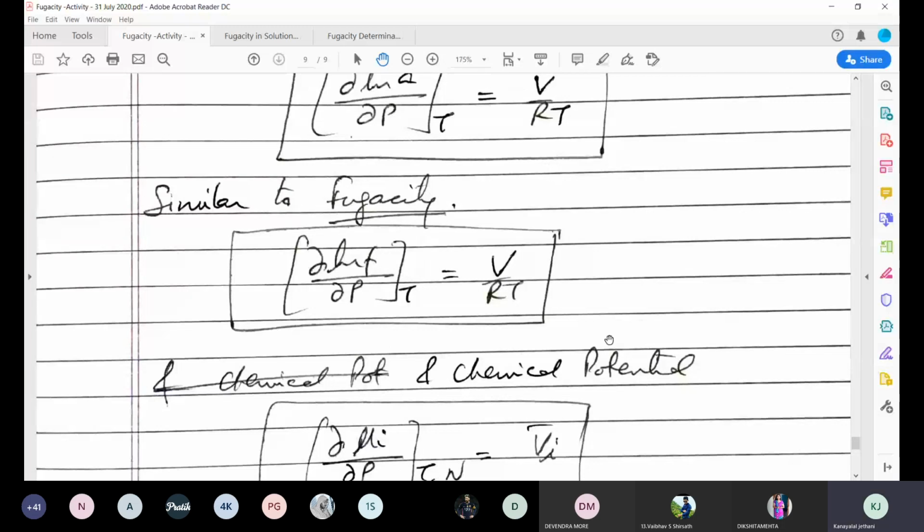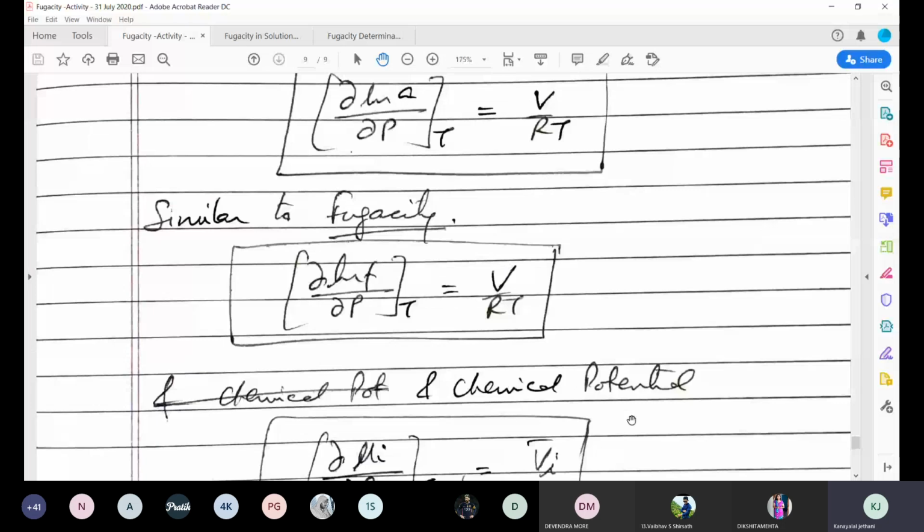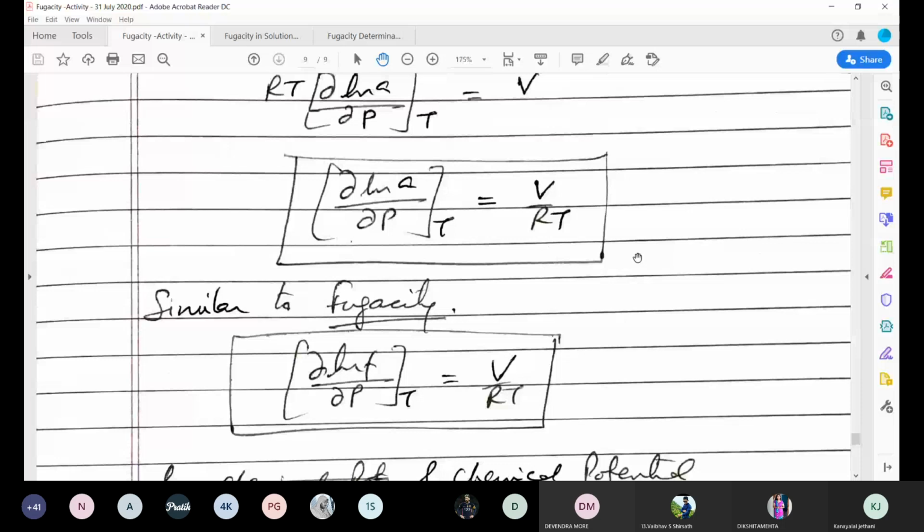So this is V by RT. This is accounting for that. इसलिए अलग आता है ये chemical potential का equation. Whereas fugacity and activity you get same equation, because activity is equal to F by F0 ना.